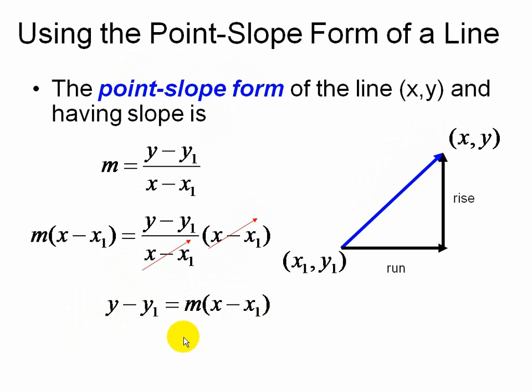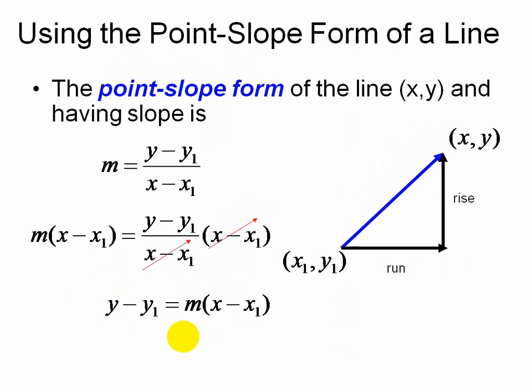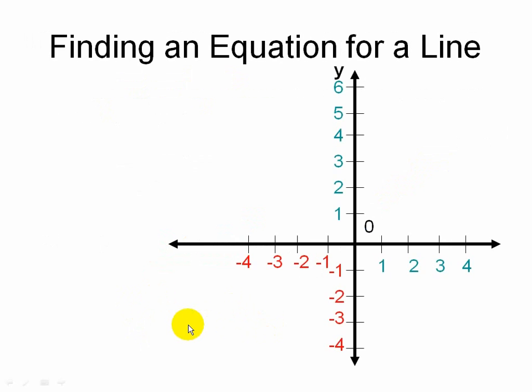And then solving for y, we have the following relationship, where we can find the equation of the line in point slope form. And then when we solve for y, that yields y equals m times x minus x1 plus y1.